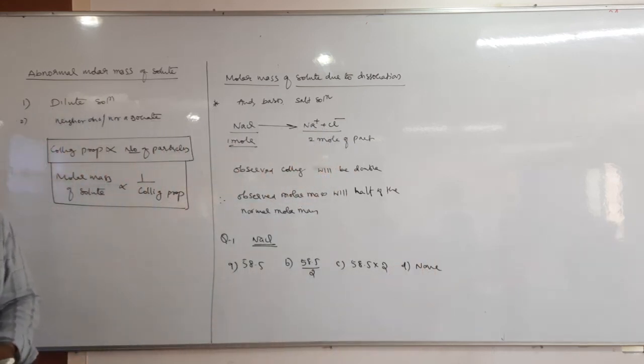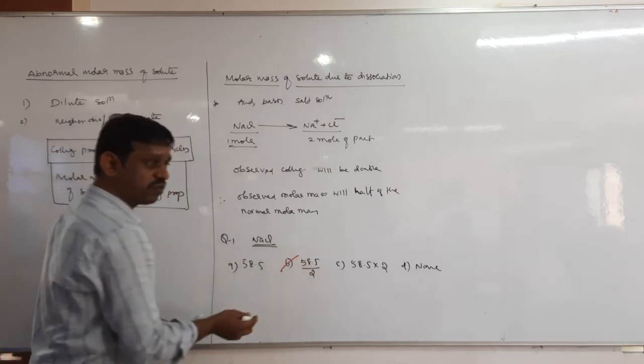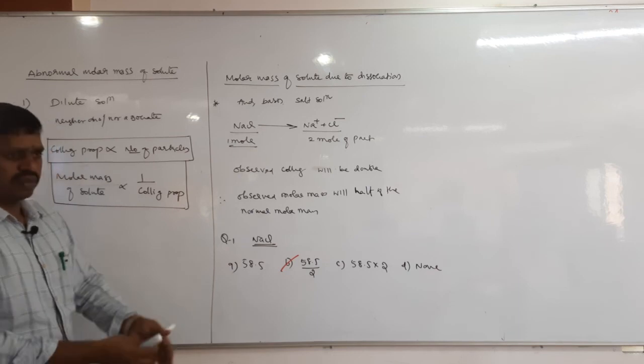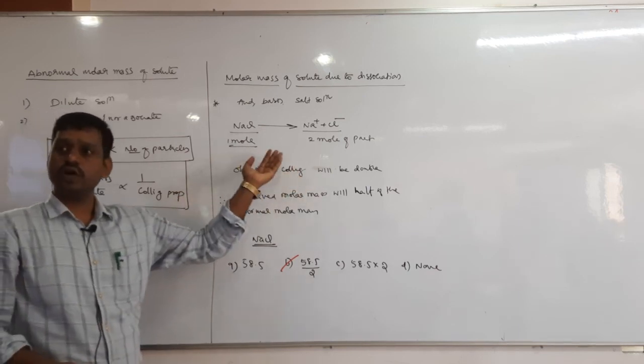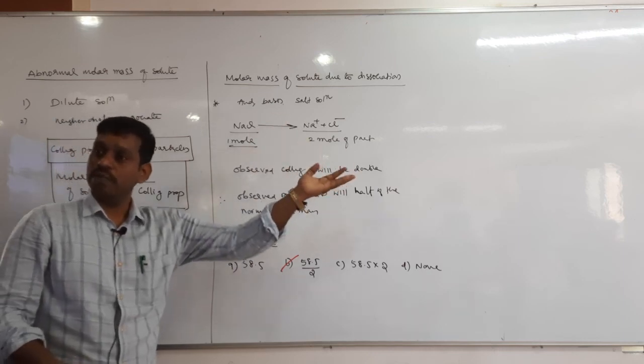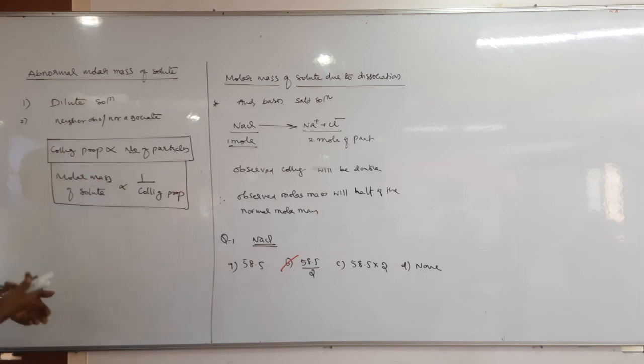The second option, because 58.5 by 2 is half. For the same reason, the observed colligative property is doubled. When the observed colligative property is doubled, the observed molar mass will be half, because colligative property is inversely proportional to molar mass.